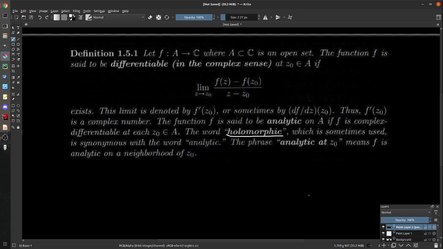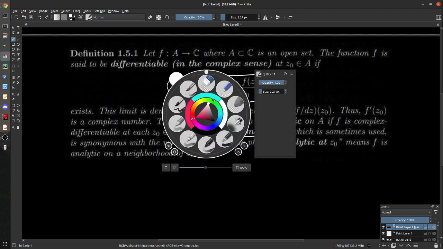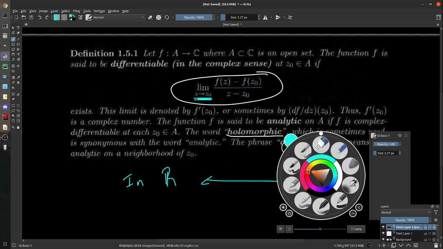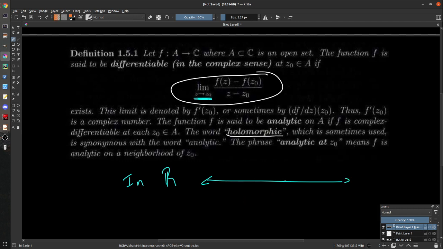So that long diversion aside, an important thing to note is that when we're looking at this limit right here, the big piece that we have to care about, and I should be using a color other than white right there, is this z goes to z naught. Think about in R, you don't have that many different ways that something can go to a given point.